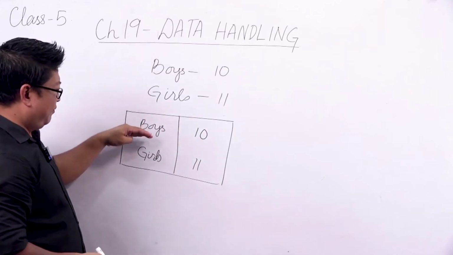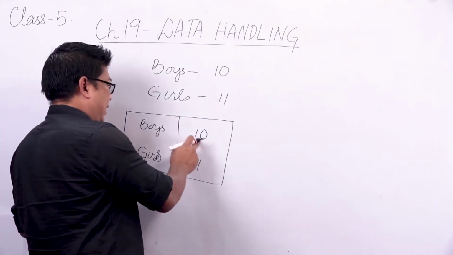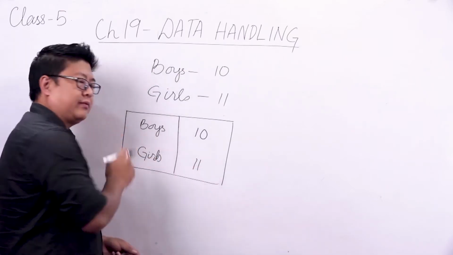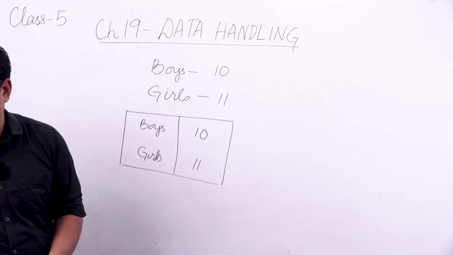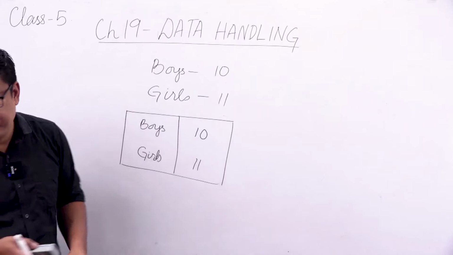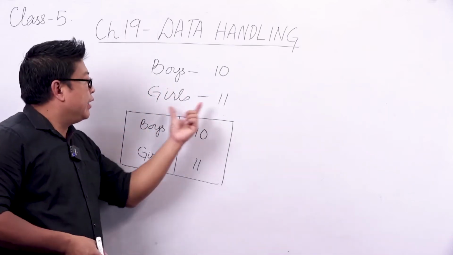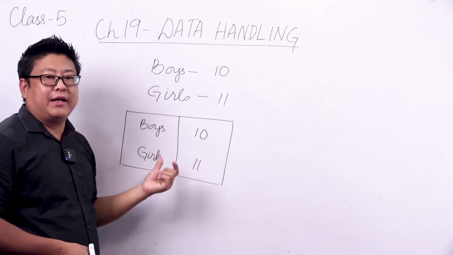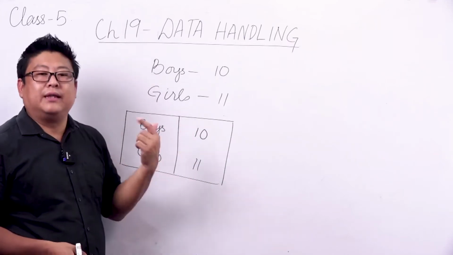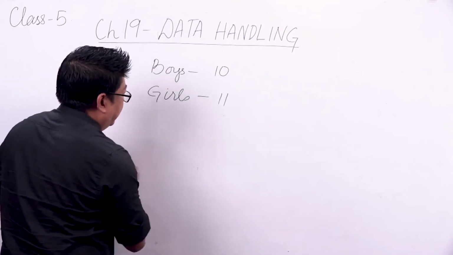By looking at this table, we can easily say that there are 10 boys and 11 girls. The process of inserting the information in the table is called tabulation of data. All right, let's move on to the next topic.